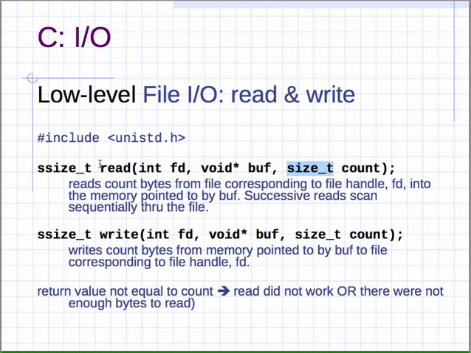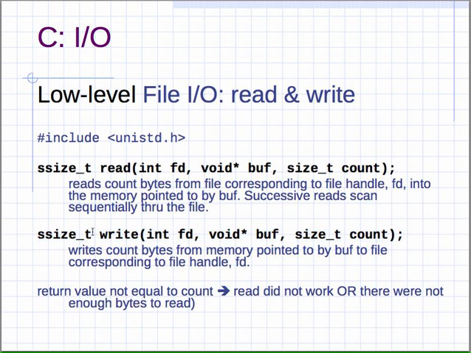Okay, so the write, if you compare with the read, also has a file handle, also has a pointer to an area of memory, and also has a count, which is usually limited to the size of an int. And all it does is it goes to this memory location and takes count number of bytes. I'm sorry, in this case you're going to take from memory and write into this file.